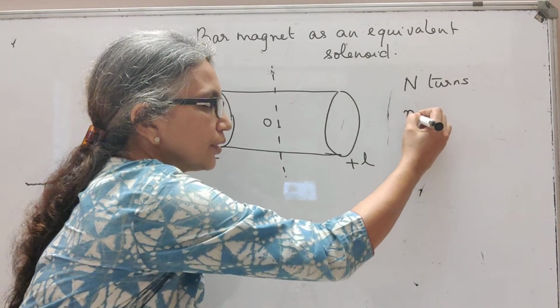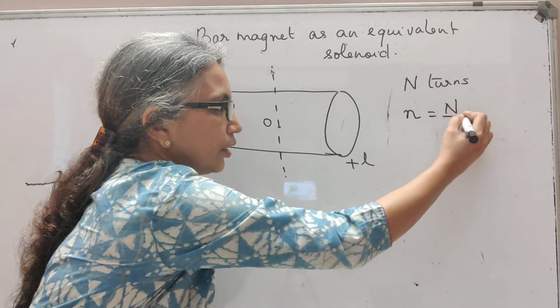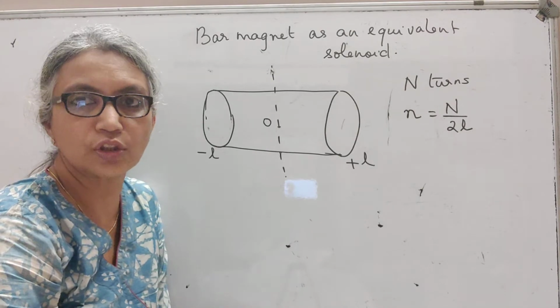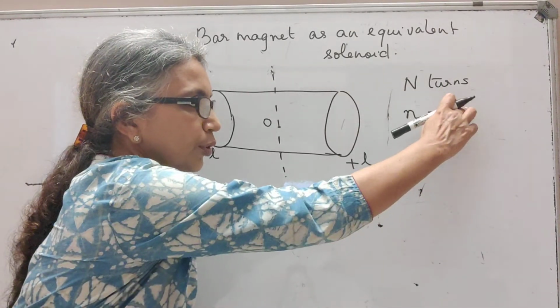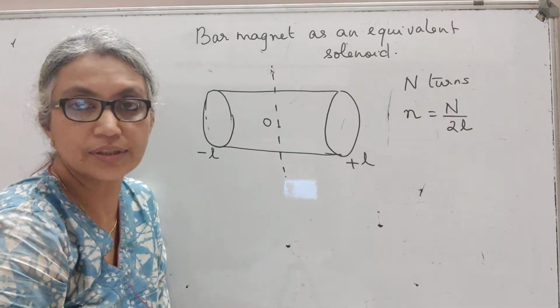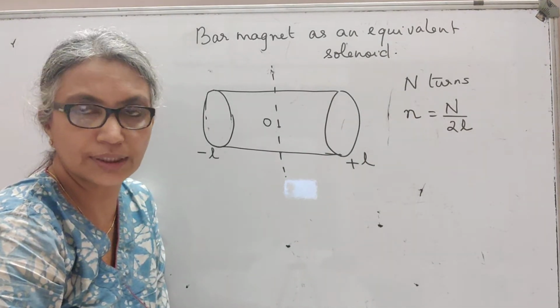Now I am going to define small n as capital N by 2L, which means n stands for the number of turns in unit length. This is the total number of turns. I divided by the total length to get small n, which is defined as the number of turns in unit length.